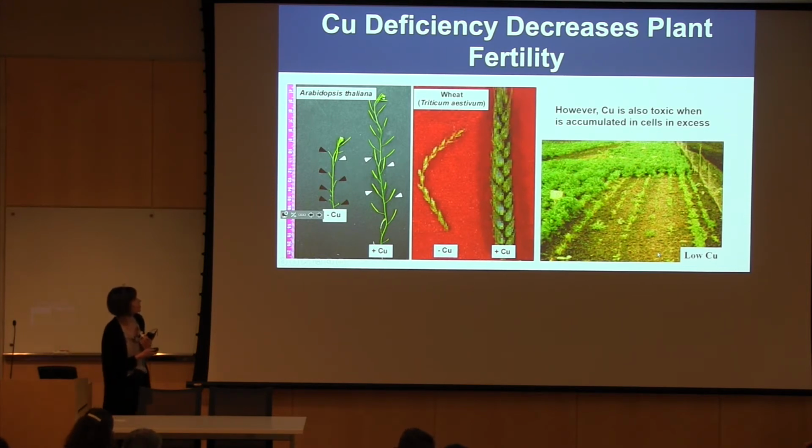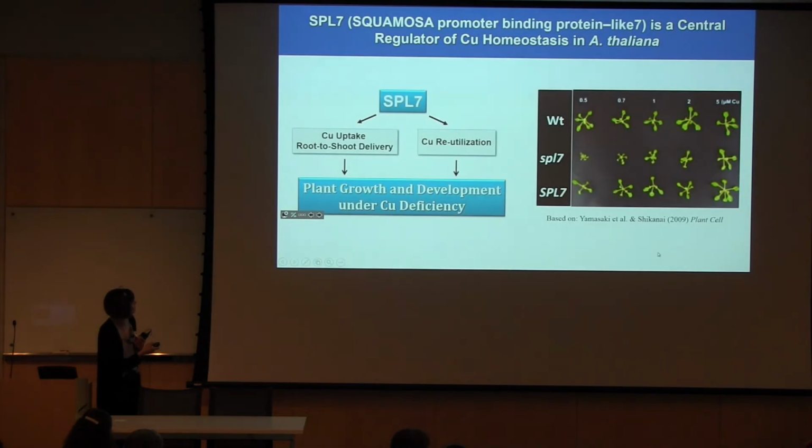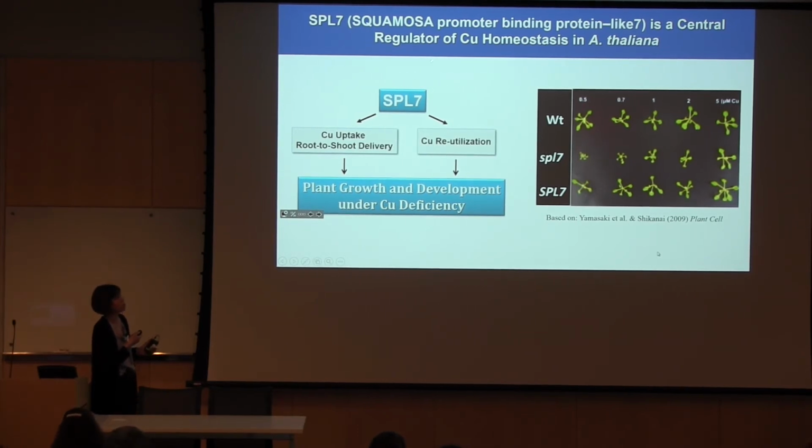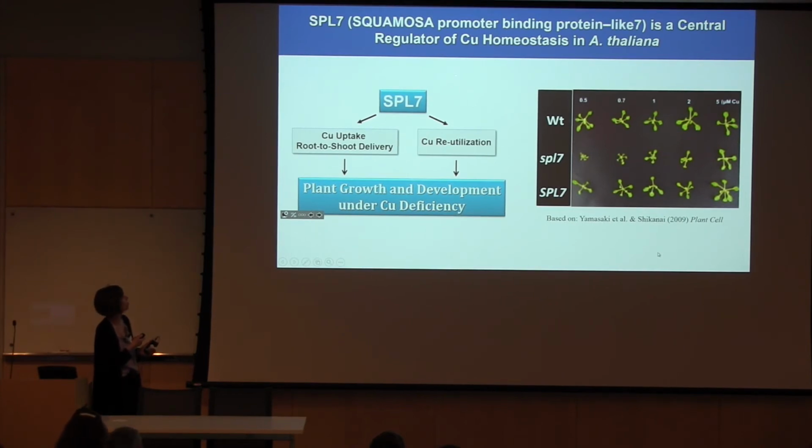This regulation in plants is achieved by a transcription factor which belongs to the family of SPL, or SBP binding domain, transcription factors: SPL7. Here is a really simple model of SPL7-based regulation of copper homeostasis. Under copper deficiency, SPL7 upregulates expression of copper uptake transporters and also genes encoding transporters responsible for internal copper movement in the plant.